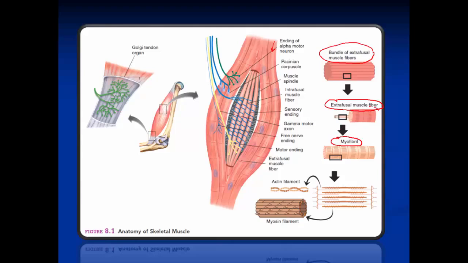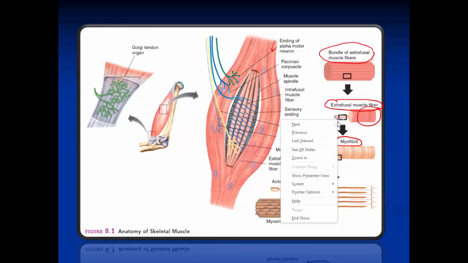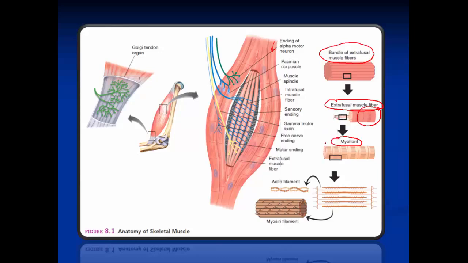Okay, so here's a muscle fiber made up of a whole bunch of individual myofibrils. Here's a myofibril. Now with the myofibrils, you can see this banding. Okay, so skeletal muscle is also called striated. Striations, stripes. Okay, and that's going to have to do with the arrangement of filaments. I'll show you that in a picture in a minute.